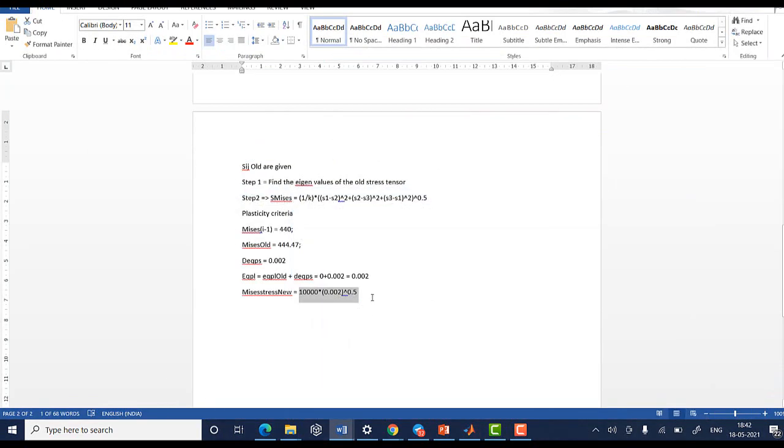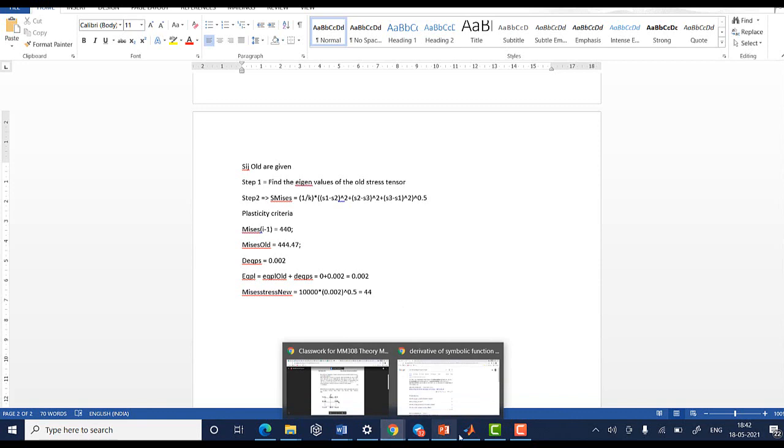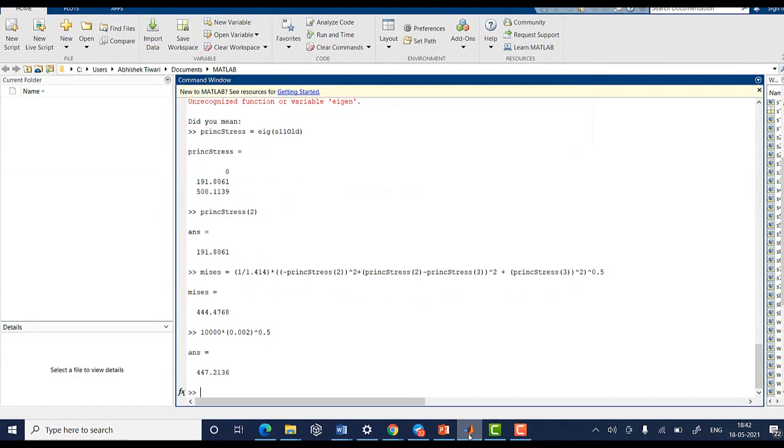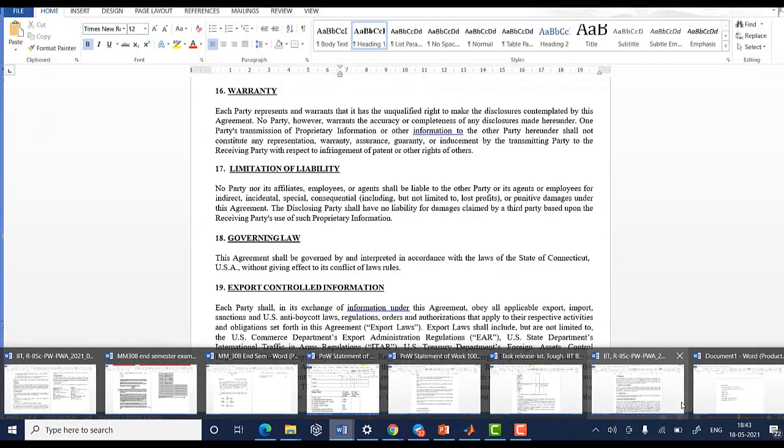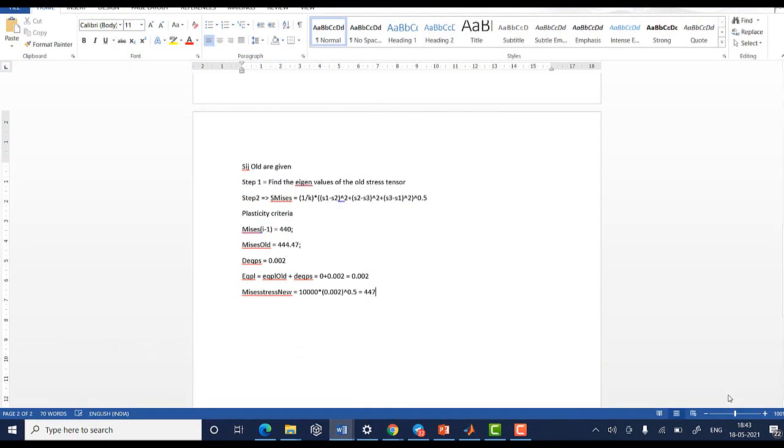Oh, it is not lower, it is higher. Our Mises is 444 and the stress value is 447.21. So that is good. So 447.21 is my new stress.